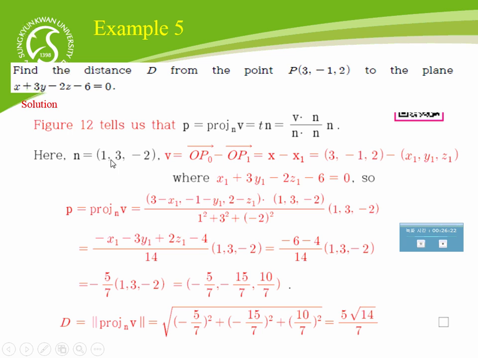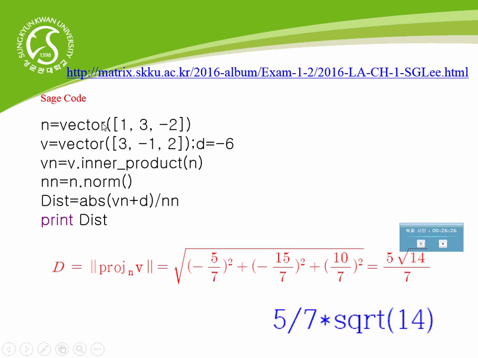All you have to do is find the vector n, find the t and multiply it, find the projection vector, and find the norm of it. This code shows how you compute this. I told you this works not only for vectors in R3, it also works for vectors in Rn, R10, R25, etc. Understand?